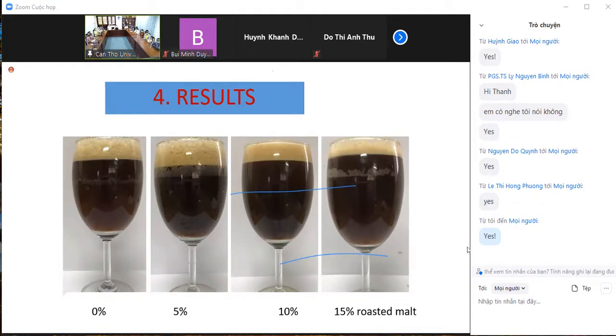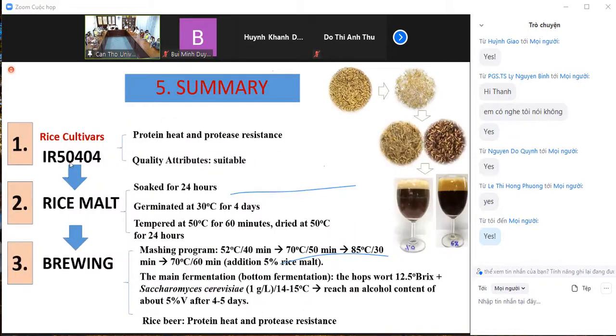In conclusion, with the rye cultivar I5004, this is the malt from this cultivar. We can see heat protein and protein resistance. And to make rye malt, soak for 24 hours, germinate at 30 centigrade degrees for 4 days, and dry at 50 centigrade degrees for 60 minutes, and dry at 50 centigrade degrees for 24 hours.